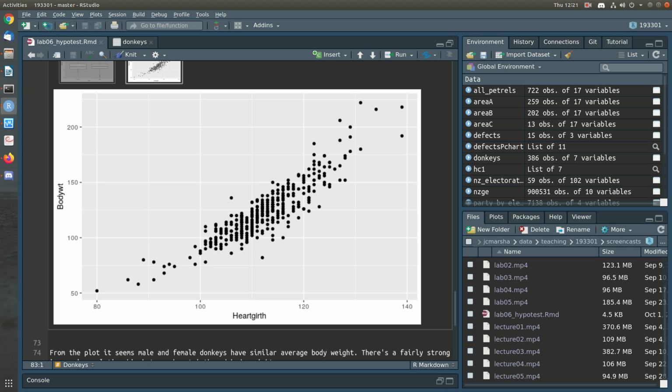And so what you'd expect is that a flat line would fit the data, right? A constant line of body weight, because your heart girth wouldn't tell you anything about body weight, right? So no matter where you are on the heart girth axis, it's not going to change what you think about the average body weight, right?